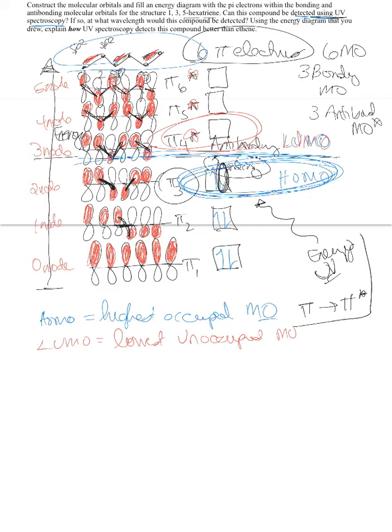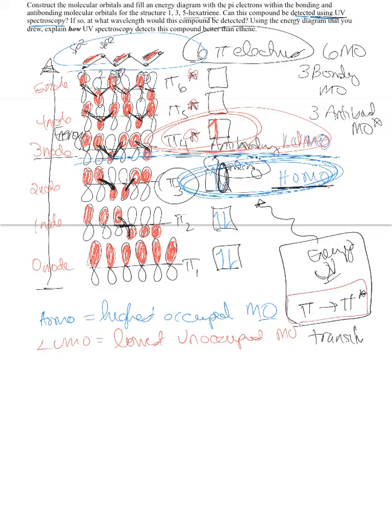So a lot of times you'll see in UV you're going from a pi to pi star transition. So you're exciting this one electron from this HOMO to this LUMO, lowest unoccupied molecular orbital. And this is a pi to pi star transition.